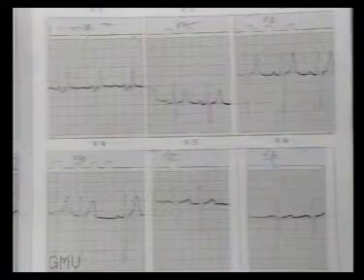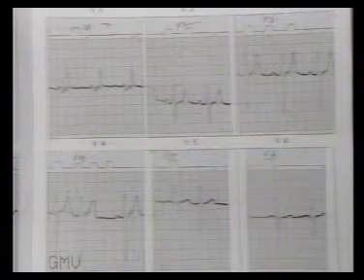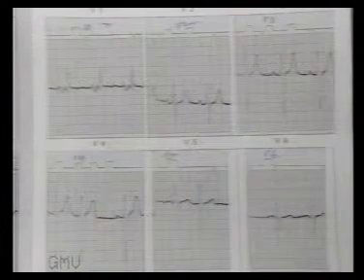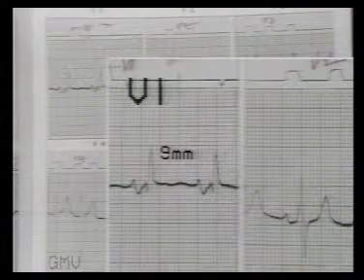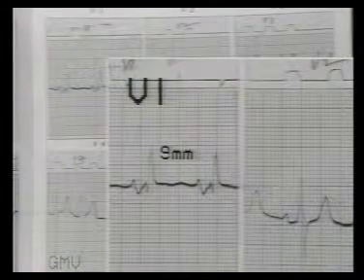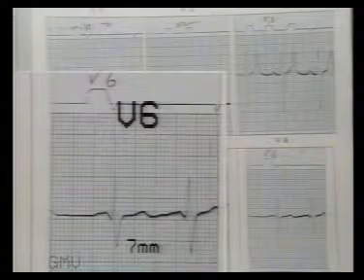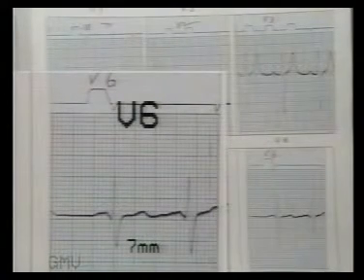This ECG shows a prominent R wave in V1 and deep S wave in V6, that is a change in the QRS pattern. RV1 is 9 millimeters, more than 7 millimeters, and SV6 is 7 millimeters. So RV1 plus SV6 is 16 millimeters, that is more than 10 millimeters.